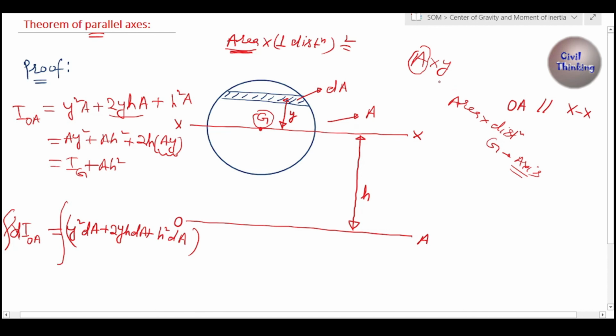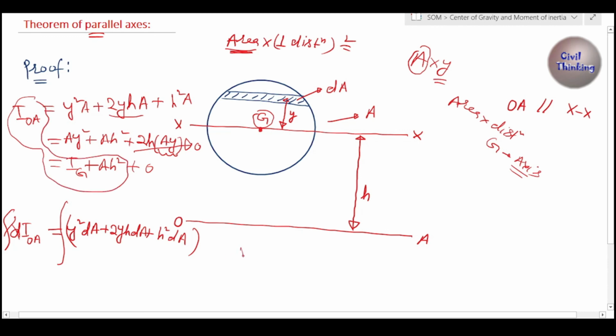The distance of the axis passing through the center of gravity from the center of gravity is 0, so this whole term Ay is 0. So we are left with only this.